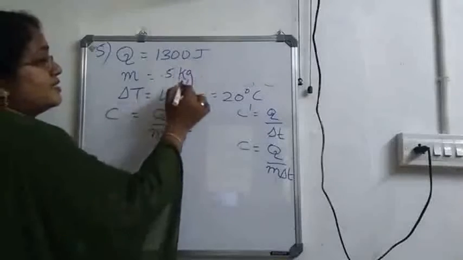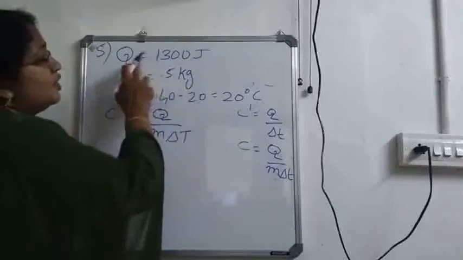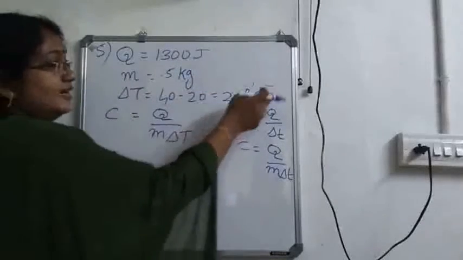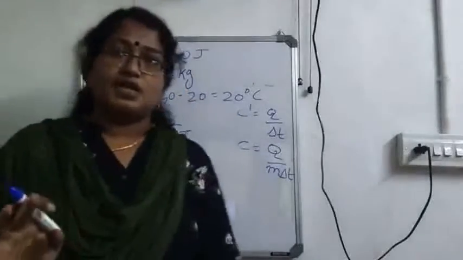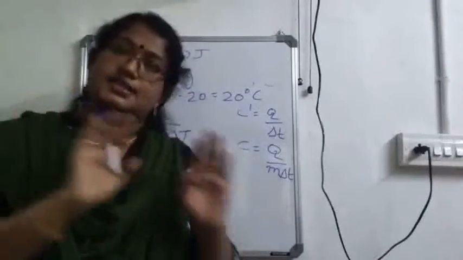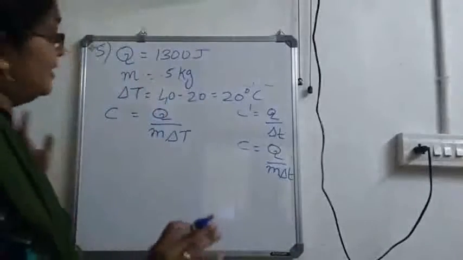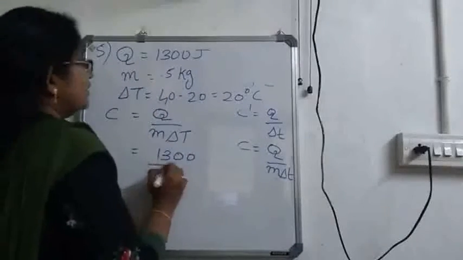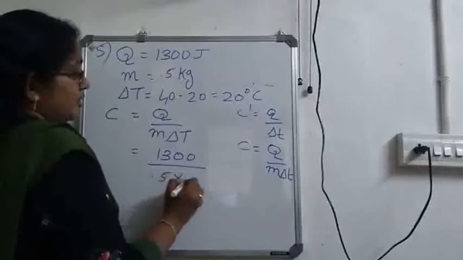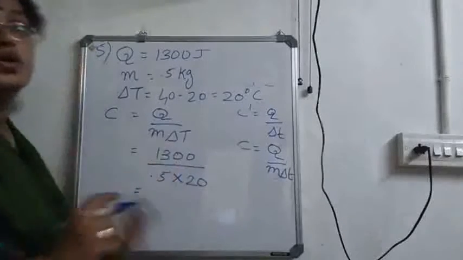So, here also you can see mass is in kilogram, Q is in joule. Temperature is given in degrees Celsius, but I told you, in the case of temperature, if it is in Celsius scale or Kelvin scale, the change is same. So, no need to make any conversion there. 1,300 divided by 0.5 into 20.